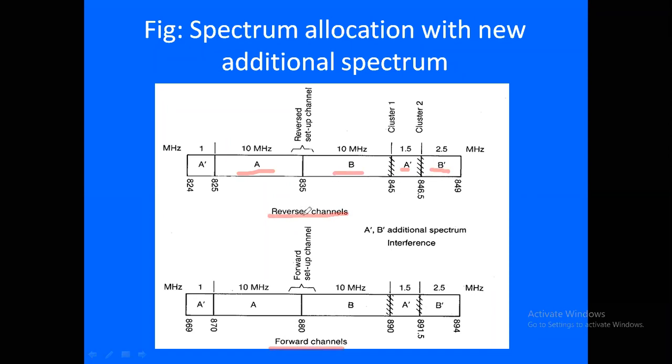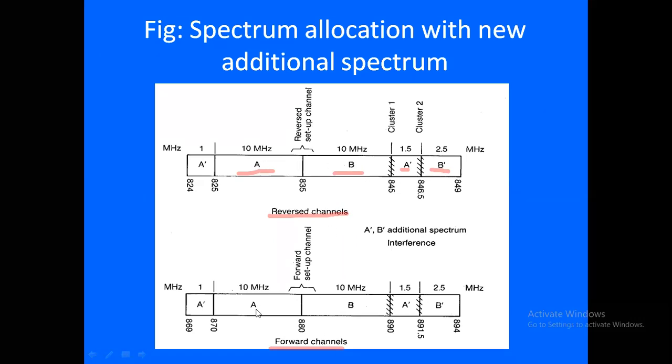So A dash and B dash are the additional spectrum interference that will interfere with the A channel and B channel.